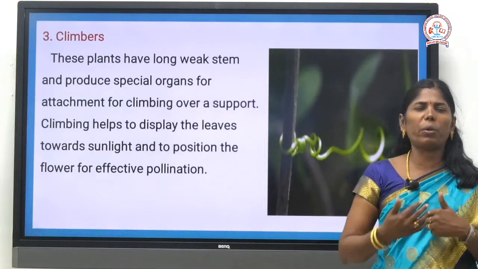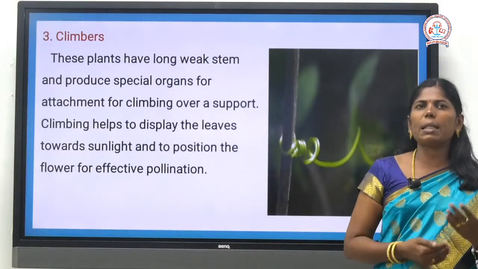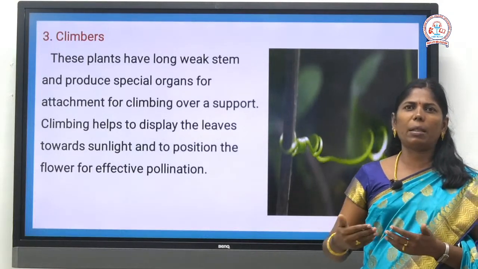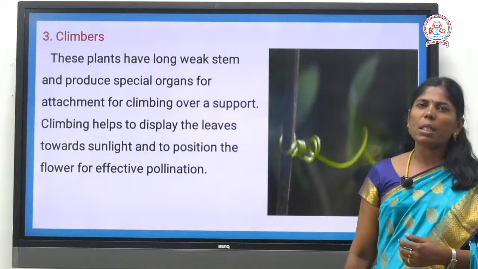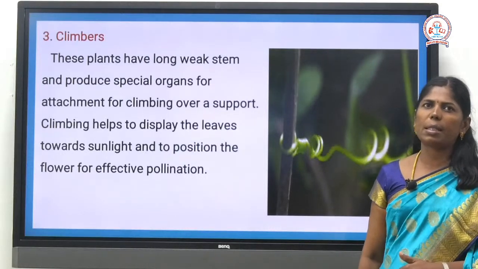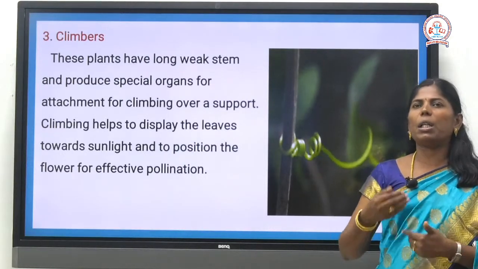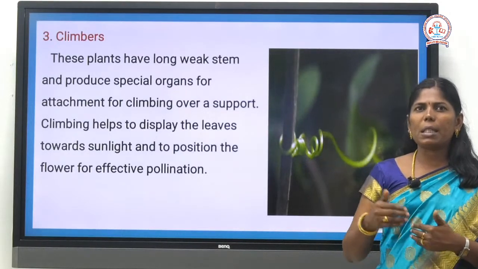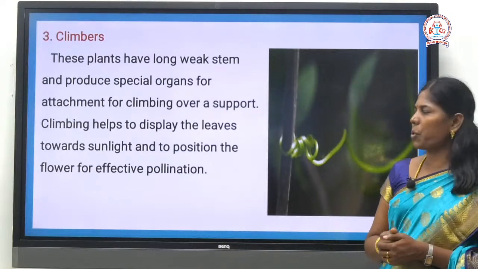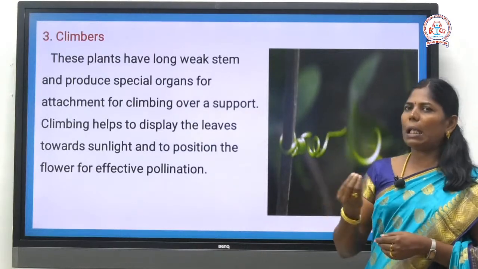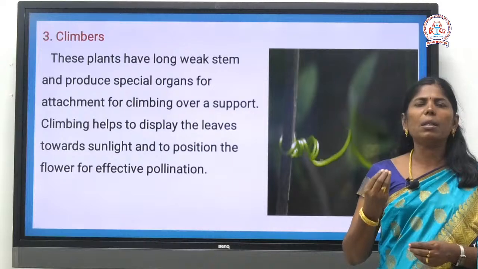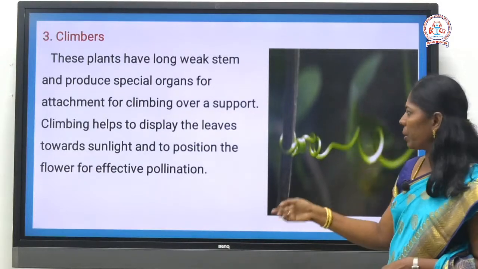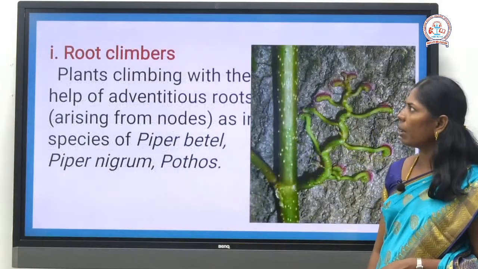One reason for climbing is that the plant keeps moving toward wherever the sunlight is, because they want to do photosynthesis. This condition is also used for pollination. It helps to display the leaves towards the sunlight and position the flowers well, so that pollination happens properly.